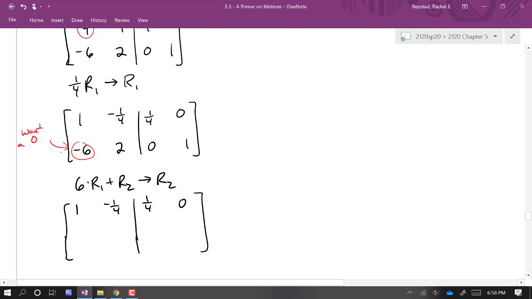And let's see, so now we're going to figure out what we get in the second row. So we're multiplying the top row by 6. So I'm just going to write in the matrix above here what we get when we multiply each of these entries in the top row by 6. So I get a +6. 6 times -1/4 is -3/2. 6 times 1/4 is 3/2.